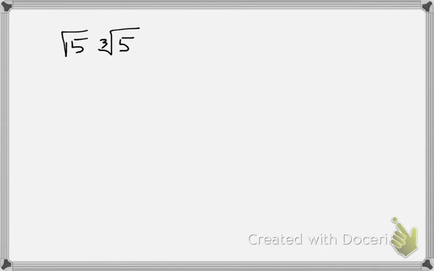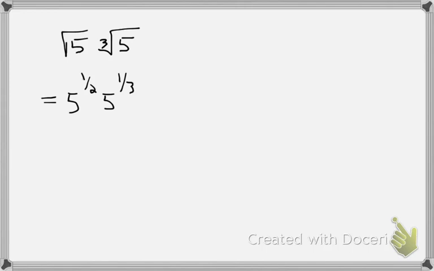What if I had square root of 5 times cube root of 5? I don't have radical rules for that, right? However, we can still change that to its exponential form.